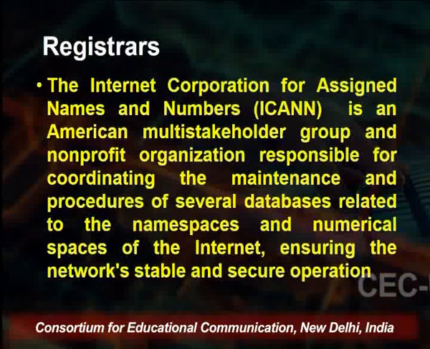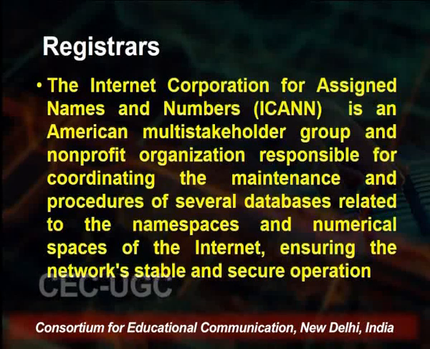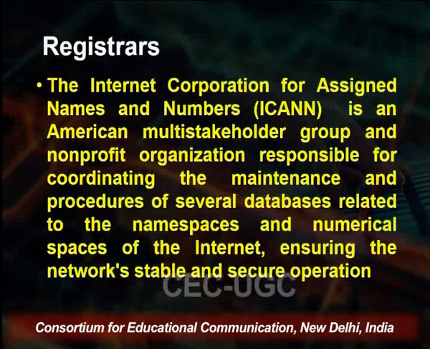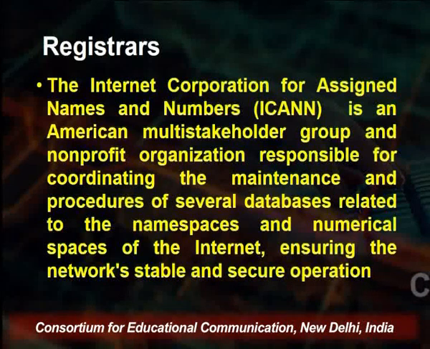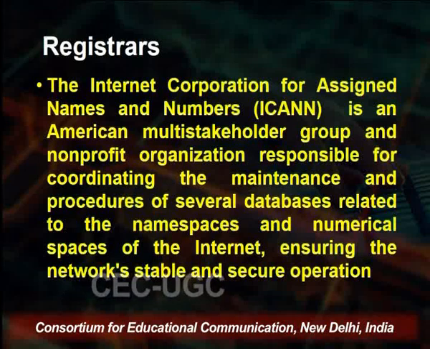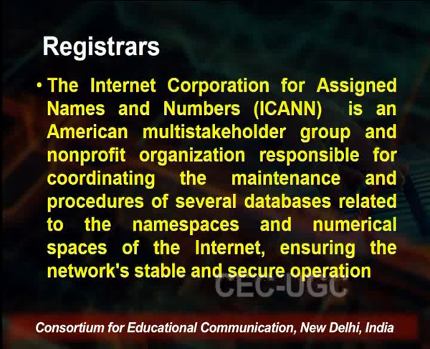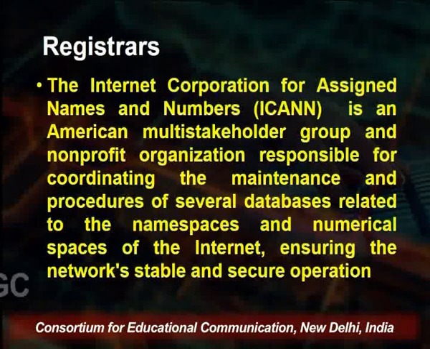The Internet Corporation for Assigned Names and Numbers is basically a multi-stakeholder group. It's an American non-profit organization which is responsible for coordinating the maintenance and procedures of several databases related to the namespaces and numerical spaces of the internet, ensuring that the network's stable and secure operations are carried on.